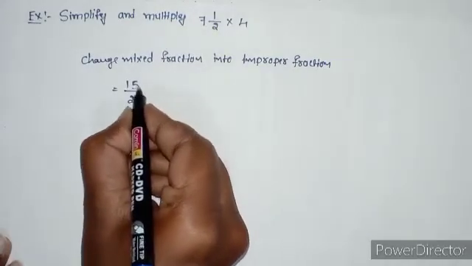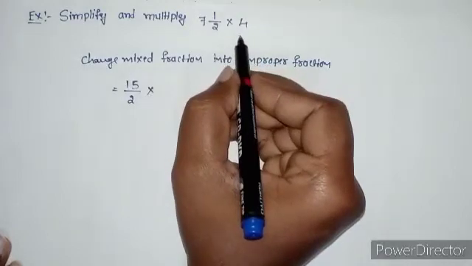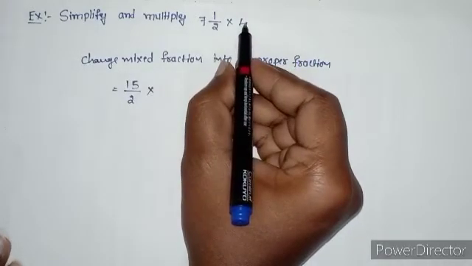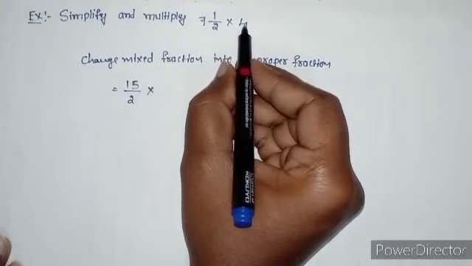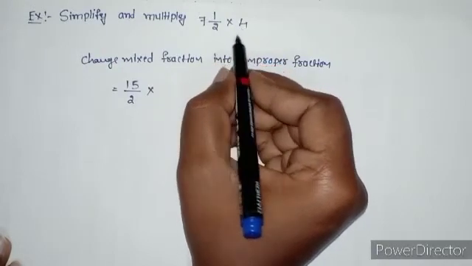Okay, 15 over 2 into, now we need to write this whole number as a fraction by placing 1 in a denominator.